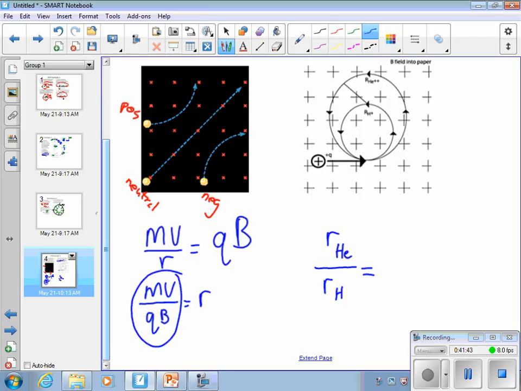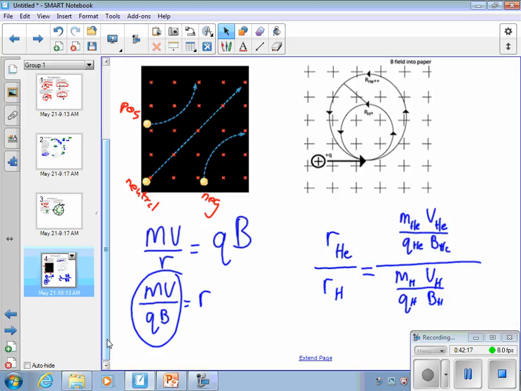This is the mass for helium, velocity for the helium, divided by the charge for the helium, and the magnetic field for the helium, all of which is divided by mass for the hydrogen, velocity for the hydrogen, charge for the hydrogen, and magnetic field for the hydrogen. Okay? So far, so good, yes?